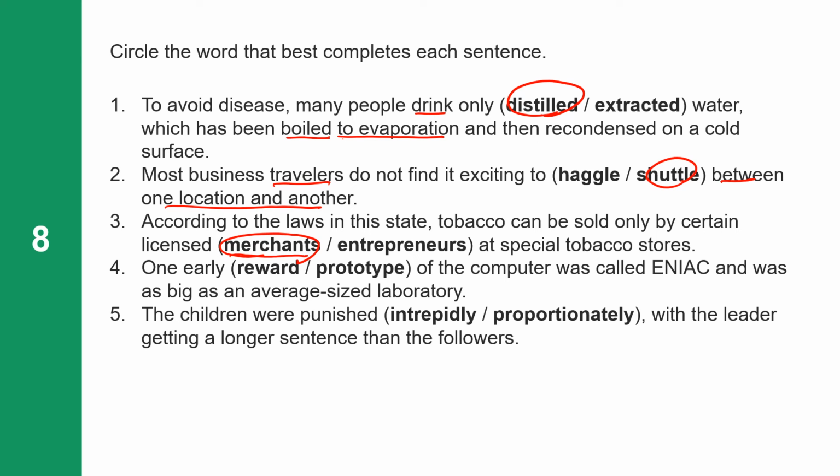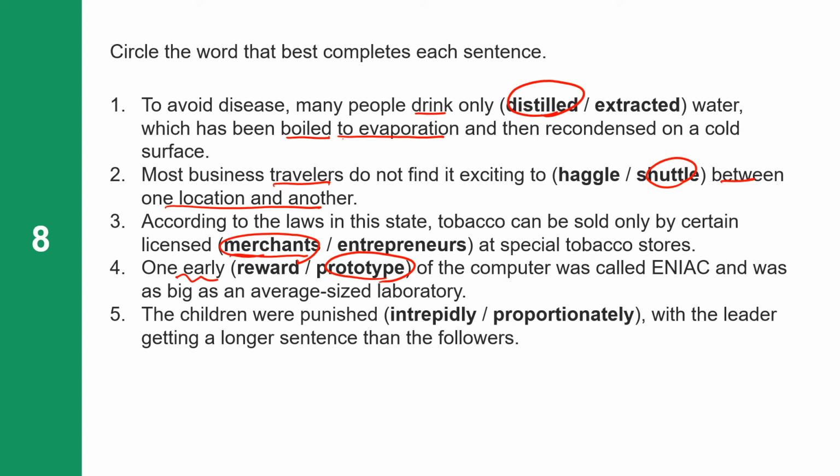Number four, one early reward or prototype of the computer was called ENIAC and was as big as an average-sized laboratory. So this one, early something, so it's going to be prototype. So one early prototype of the computer was called ENIAC and was as big as an average-sized laboratory.